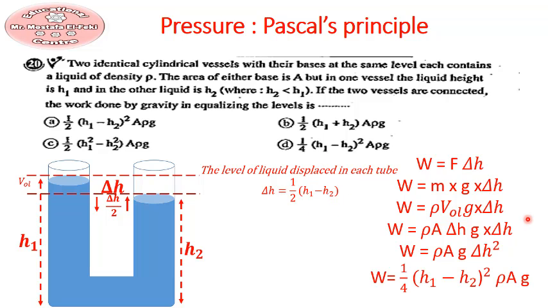Then the work done equals a quarter of (H1 minus H2) squared, since half squared equals a quarter, times rho A g. So the correct answer is a quarter of (H1 minus H2) squared, rho A g.